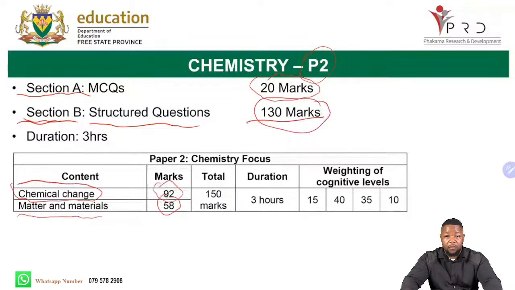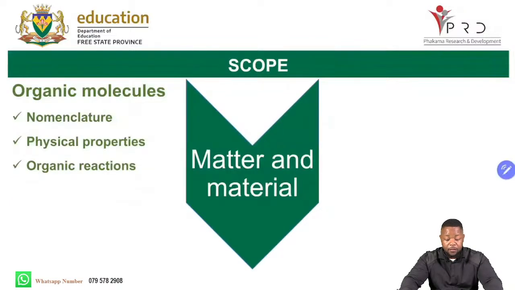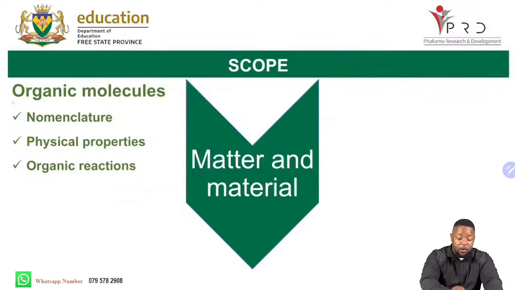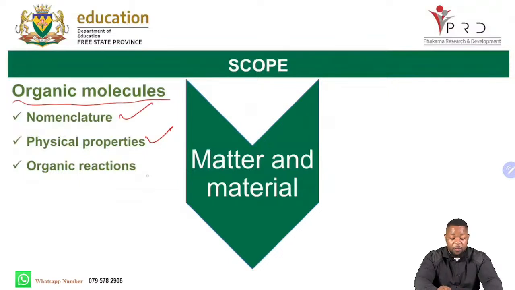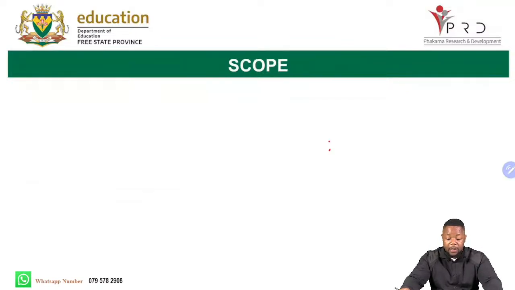So when preparing for your examination, make sure that more time is allocated to your chemical change, since it's allocated more of the marks. Now, under the matter and materials, we are going to look at the organic molecules. We are going to look at the naming, the physical properties, and the organic reactions.